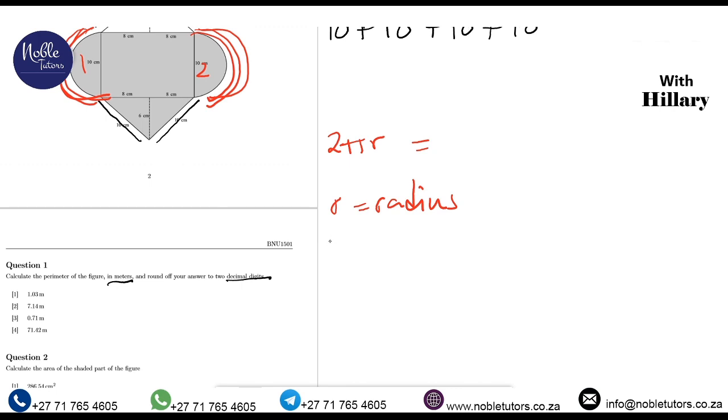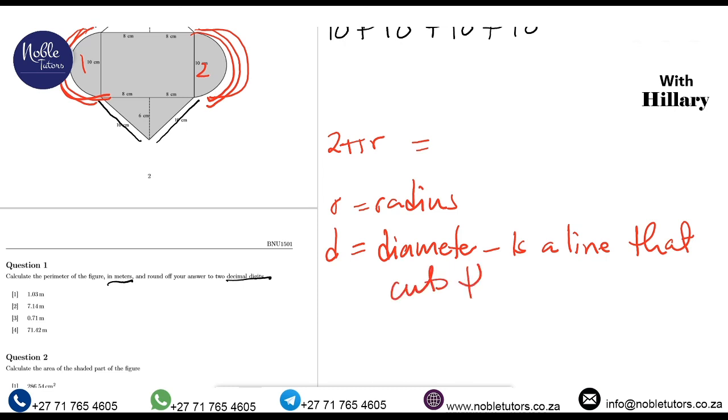And with the radius, we have a diameter. A diameter is a line that cuts the whole circle into 2.